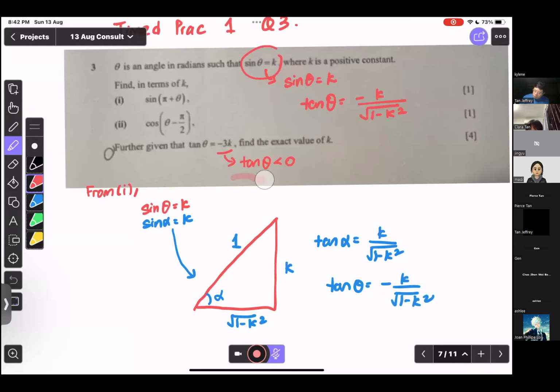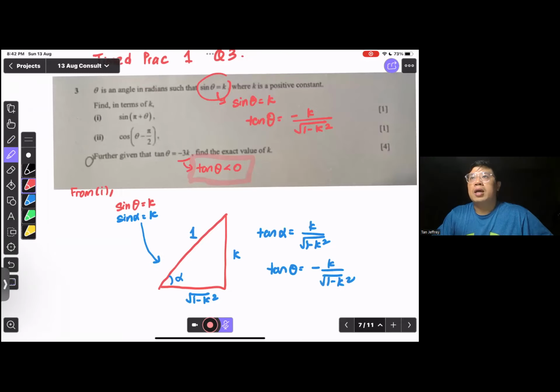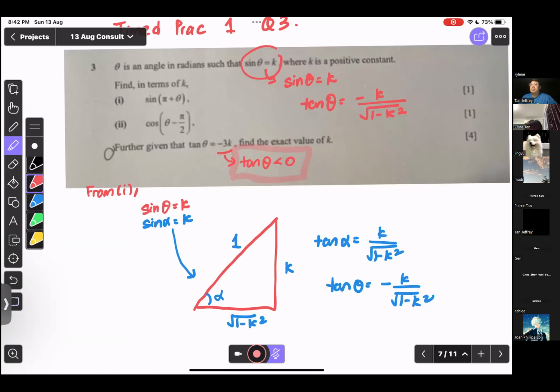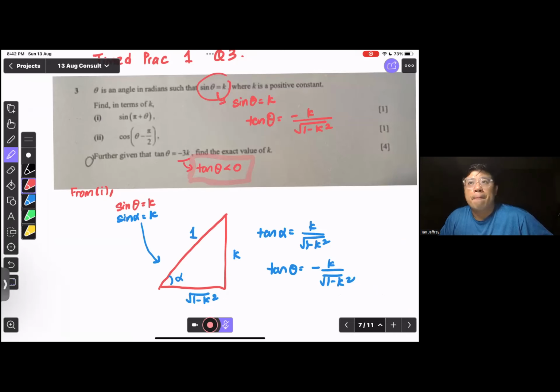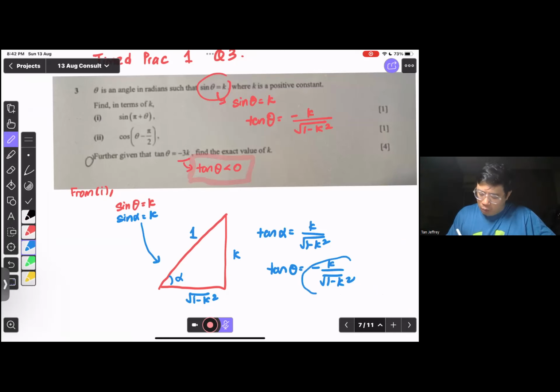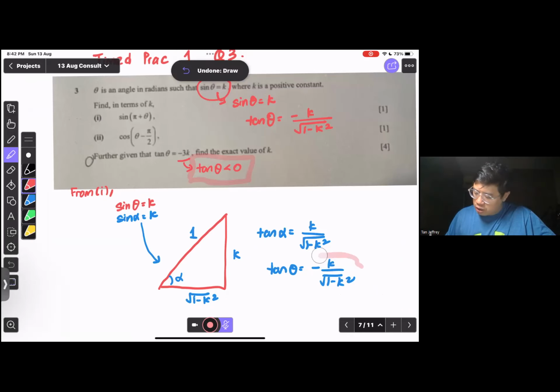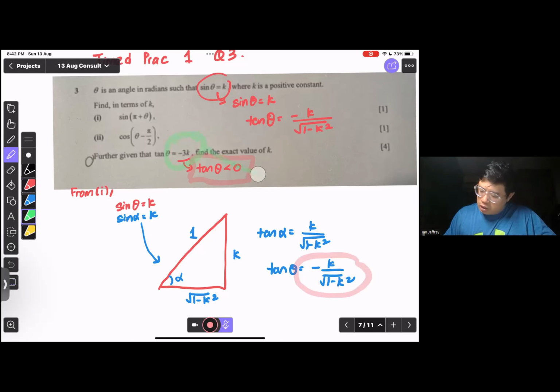From part 1, tangent theta will be -k over square root 1 minus k squared. It is because I also use the info from part 3, where they say that tangent theta has to be negative. Now, in part 1, tangent theta must be this. In part 3, tangent theta must be this.